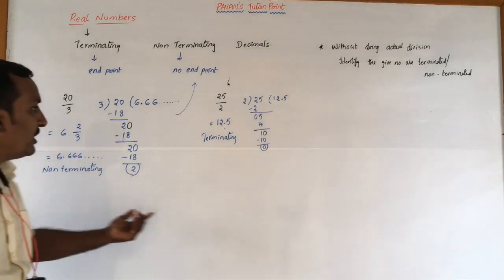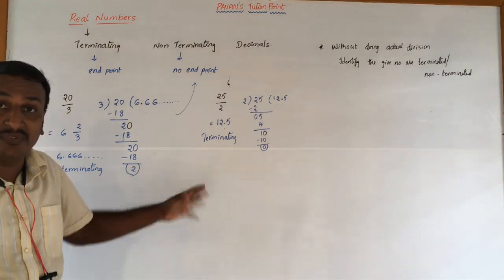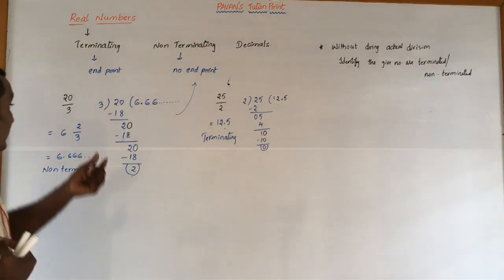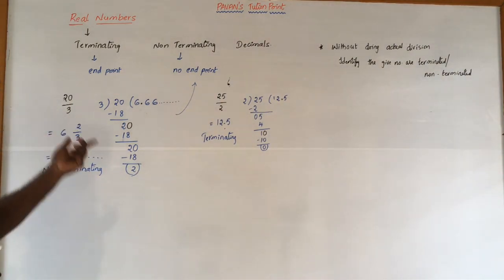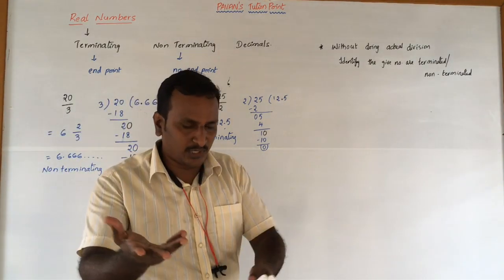Here I performed the division, here also I performed the division, but without doing such divisions, I need to identify the given numbers directly: is it terminating or not terminating? This is one type of problem. How to solve it, I will explain to you.